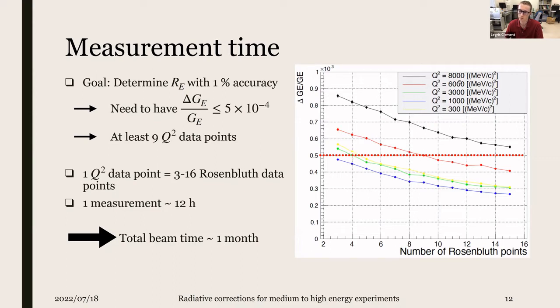But when we measure at higher Q², for example at 8 times 10 to -3 GeV over C², we'll need about 16 Rosenbluth data points. So it will take more time. After taking all this into account, and taking into account that one measurement is about 12 hours, we found that we need a total beam time of about 1 month.